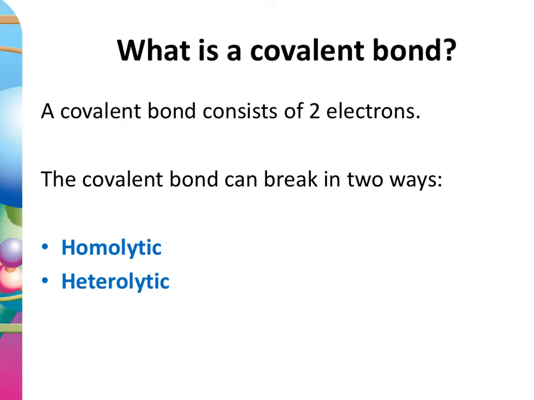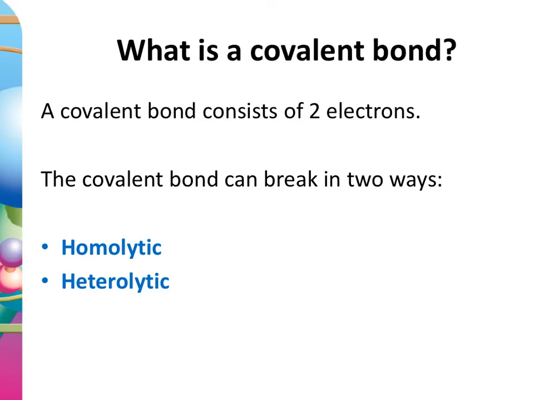So you've done covalent bonds at GCSE, and you described covalent bonds as a shared pair of electrons, and you represented them when you did dot and cross diagrams with dot and crosses. So if you had a dot and a cross that was between two atoms, then that was a shared pair of electrons.